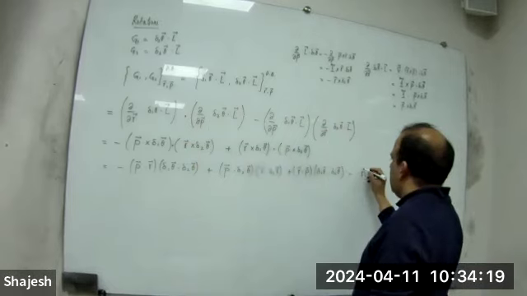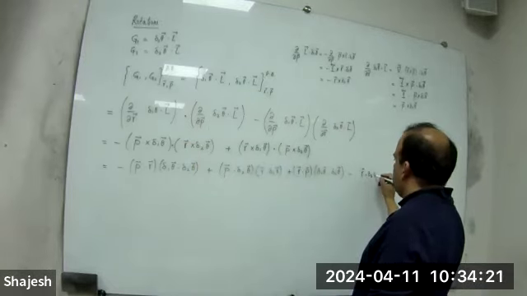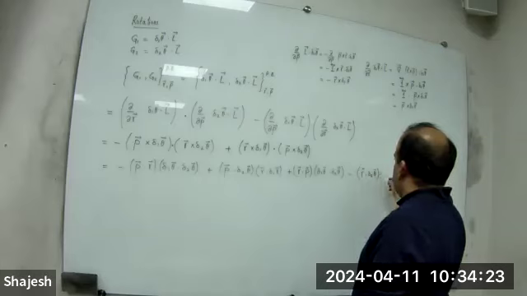So it is R dotted with delta 2 theta and P dotted with delta 1 theta.